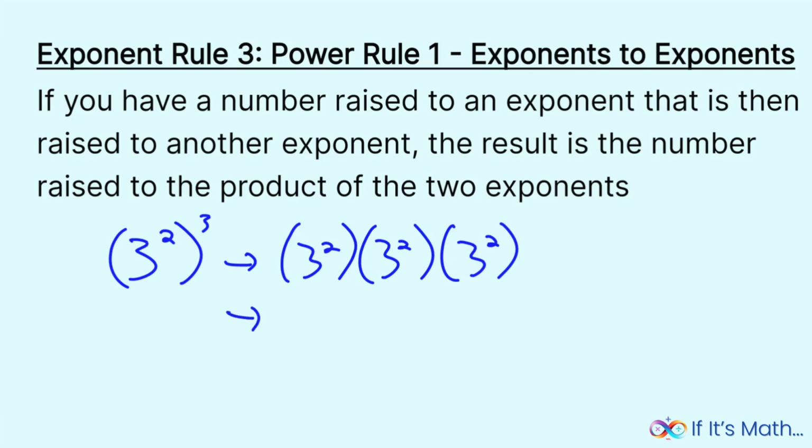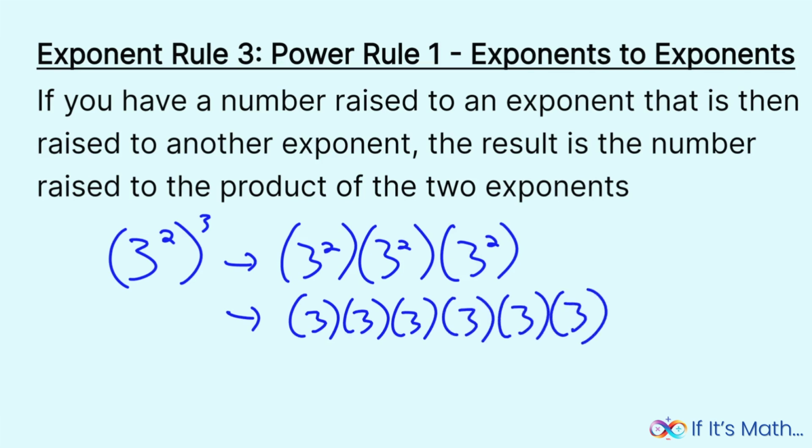So that is 3 times 3 times 3 times 3 times 3 times 3, right? Because I've got 3 squared, and 3 squared, and 3 squared. So then when you collapse that back down, you just add them up, right? So I've got 1, 2, 3, 4, 5, 6 of them. So I know that this is going to be 3 to the 6th power.